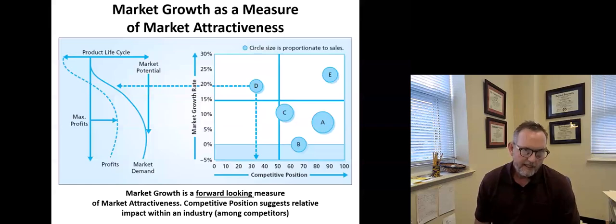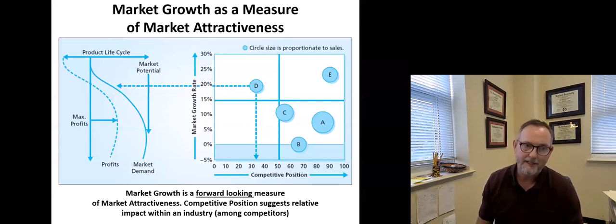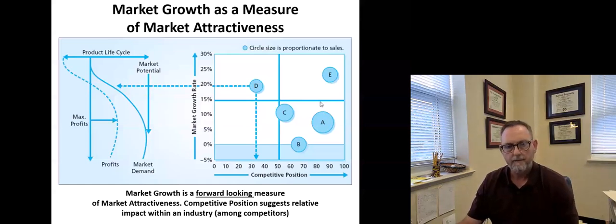The other thing that you're going to see here is that we have products in the matrix that are positioned based on those two criteria. So if you were to say, for instance, put that Apple Watch in there, Apple Watch for Apple, it's going to be probably maybe a little higher on the chart than where A is, but probably pretty close to A or a little higher there.